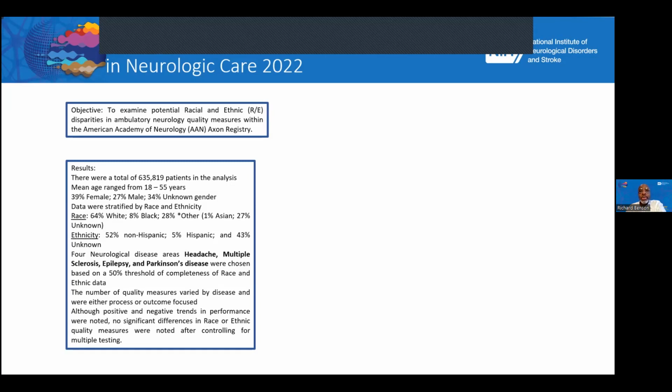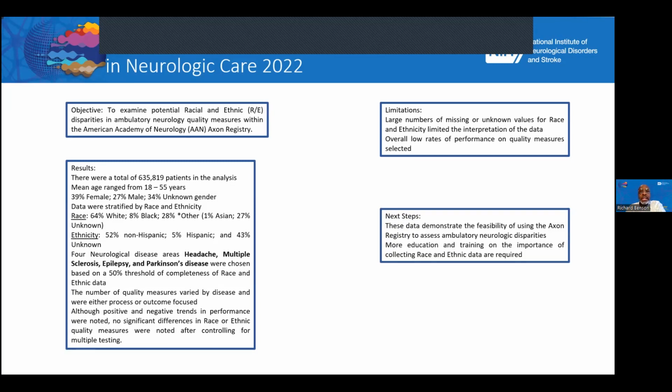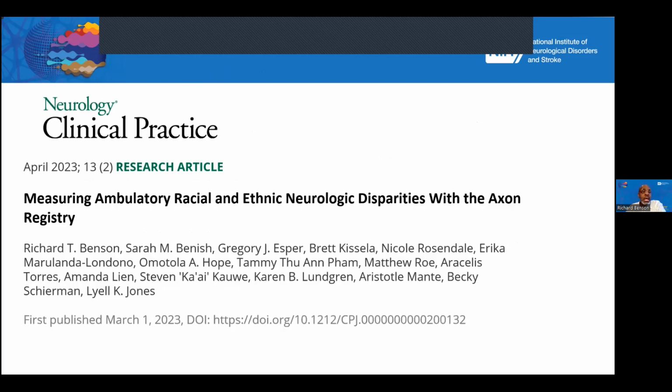And so we wanted to look at that data and see if there are any disparities. In 2022, we presented this as an abstract at the AAN, and our article was published last month in Neurology Clinical Practice.